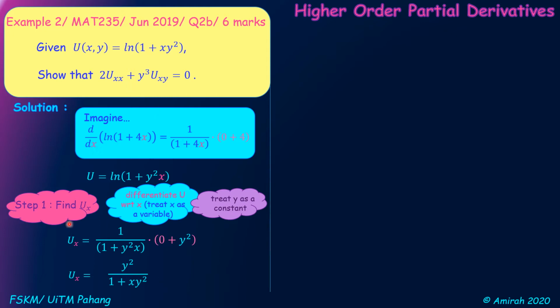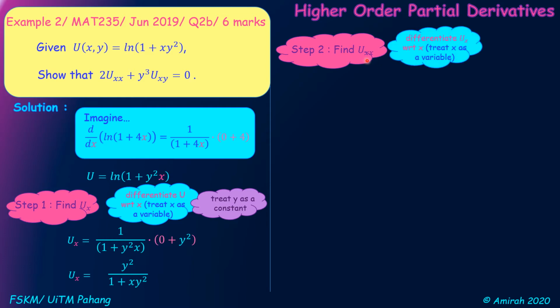Alright, so after we find u_x, we can find u_xx. So the next step, step 2, we need to find u_xx. Okay? u_xx means we differentiate u_x with respect to x, and we treat x as a variable. At the same time, we treat y as a constant.